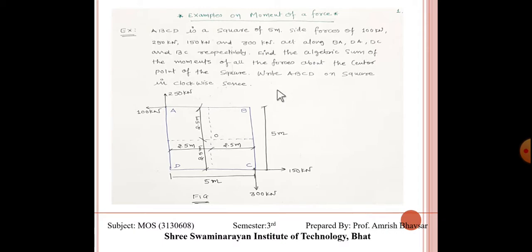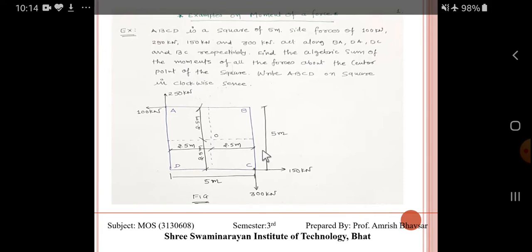Write ABCD on the square in a clockwise sense, so this is our square having 5 meter sides.